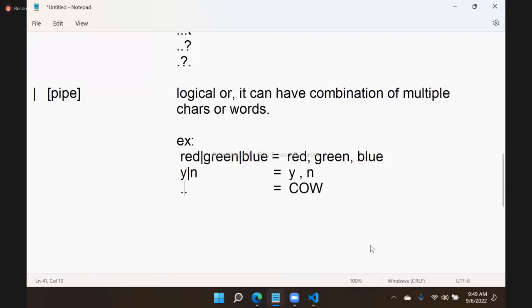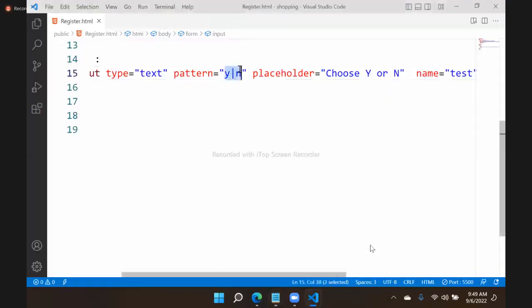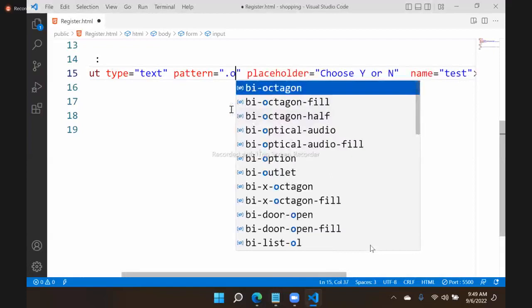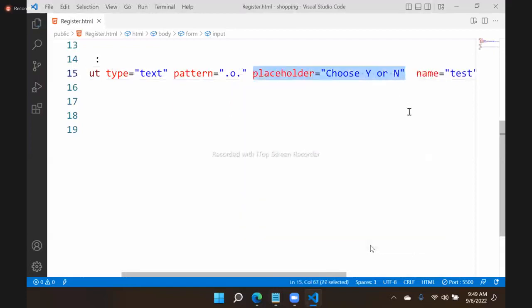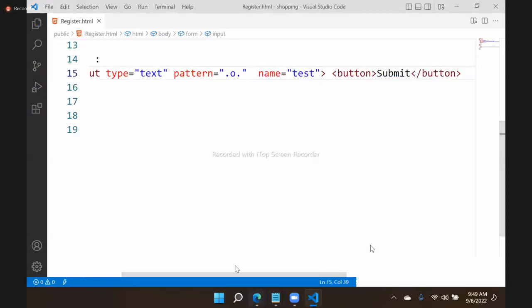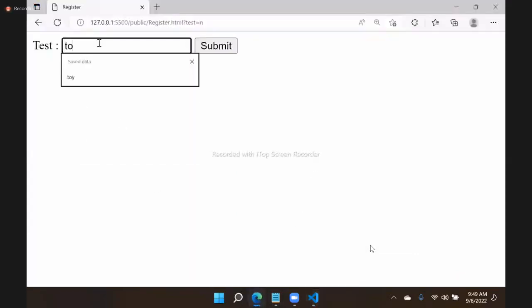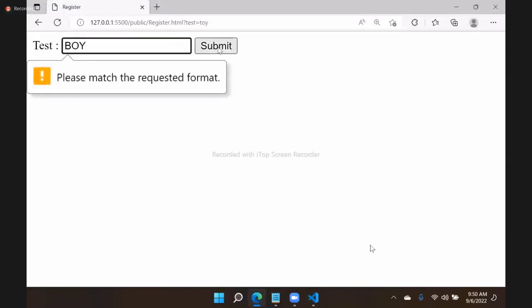That means you say lowercase o only is allowed. For example, now I am writing here dot o dot. So I am writing something like this, and I said toy, and it is submitted. I am entering boy, and it is not allowed.